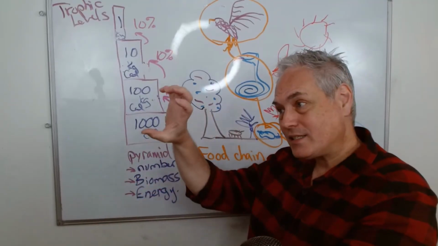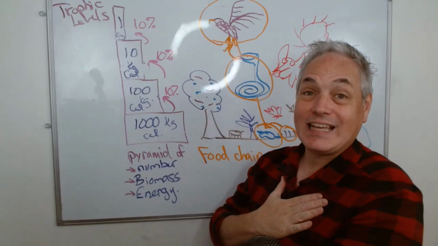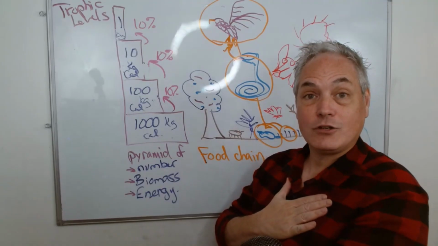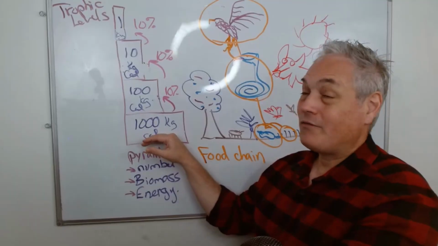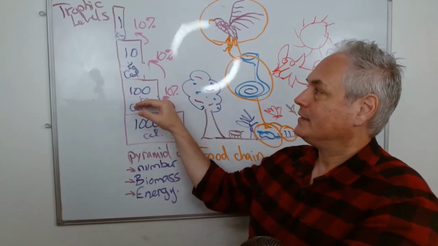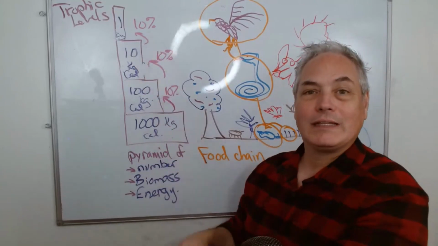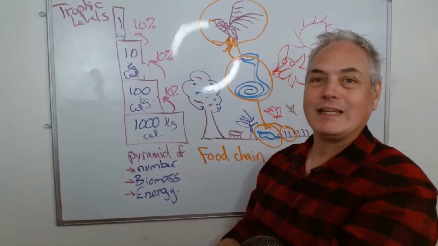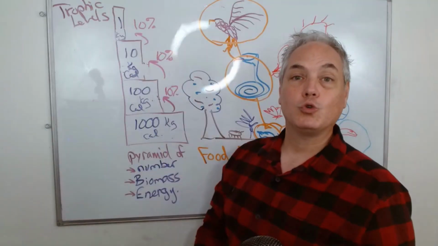All of these activities inside the body of the mouse take 90% of the energy. So there's only 10% available for the level above. I'm saying 10% as a round number. It might vary between 8 and 12 or 15%, but it's a good rule of thumb.